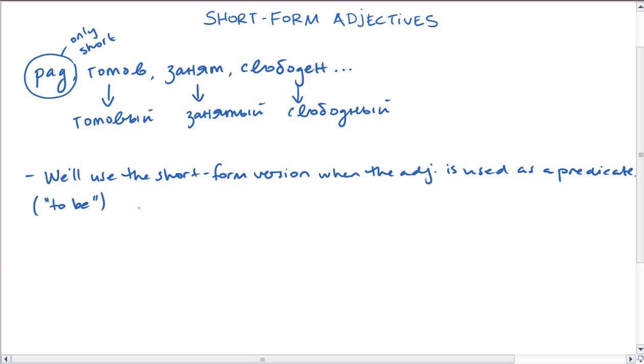Even if, like in Russian, you know how there usually isn't a to be in the present tense. So even if that быть is actually omitted from the sentence, if it's implied, then you can use a short form. Like, фильм был or будет интересен.